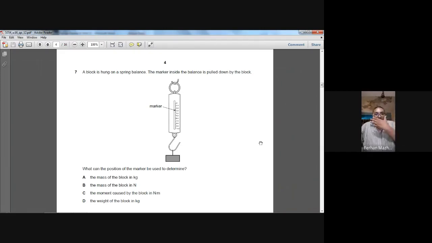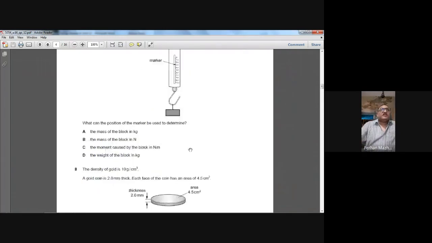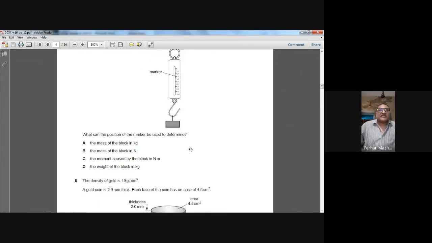You see, this Newton meter can be calibrated to measure the weight. It can also be calibrated to measure the mass. If it is being used to measure the mass, the unit of the mass must be kg. If it is being used to measure the weight, the unit must be newtons. So look at the options. The first option is the mass of the block in kg. That is true.